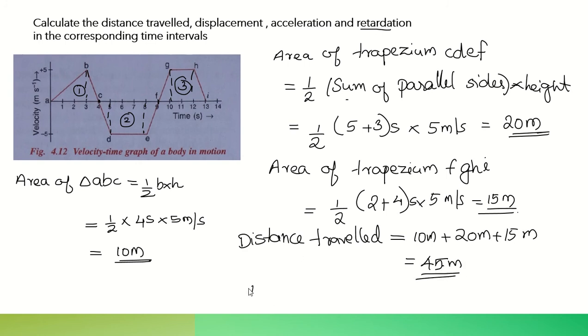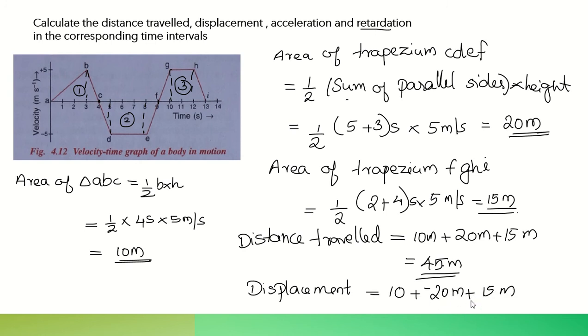Now coming to the displacement. So displacement is equal to, we have the triangle on the positive x-axis, 10, plus the second trapezium, that 20 meter area, right? So that will be minus 20, because it is coming in the negative axis, minus 20 meters plus 15 meter.